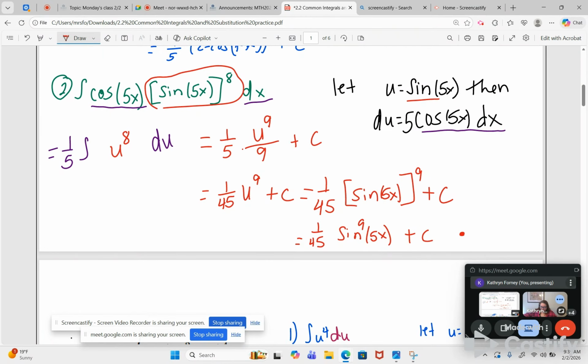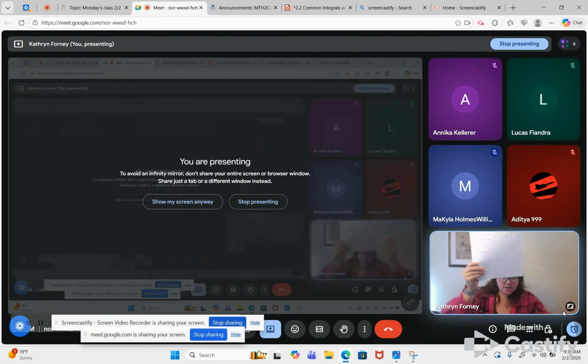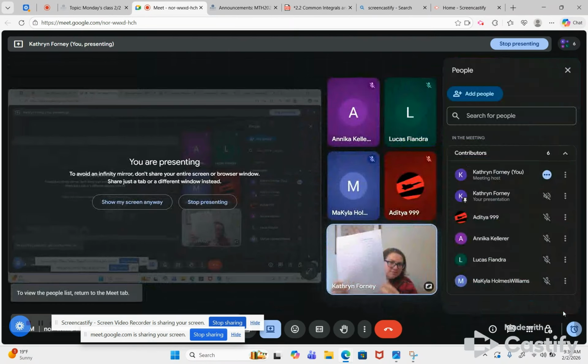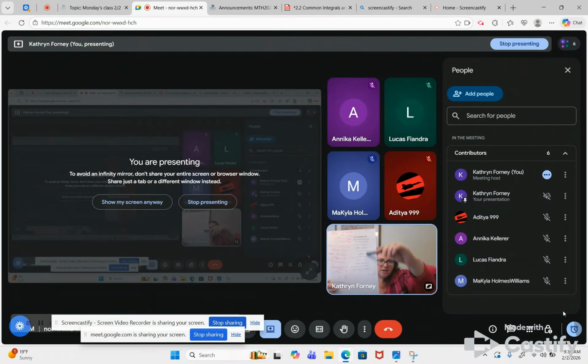All right, so let me find, I had posted some problems, more substitution. And so just to show you what that looked like, I don't know if y'all can even see this, but it looked like this. It's in Canvas.